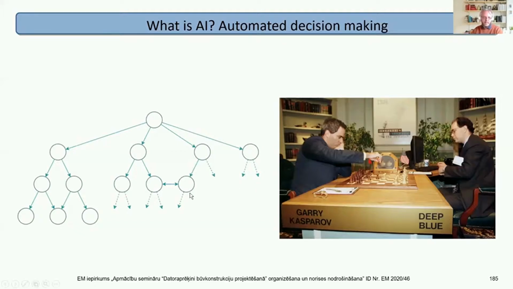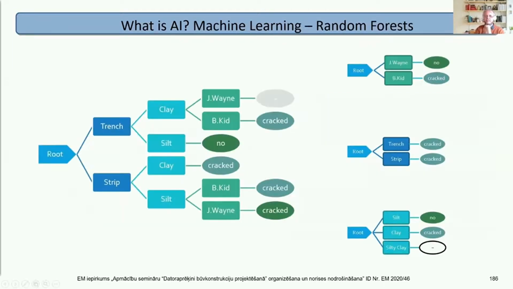Another area is random forests. Now, state tree search looks at all the options and builds a tree of options from that. A random forest instead takes a database of what has already happened.